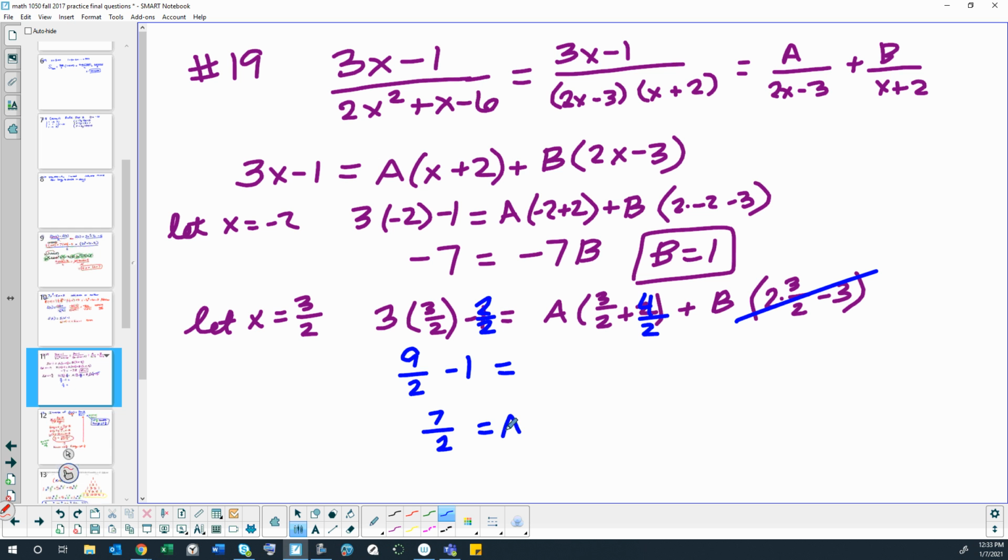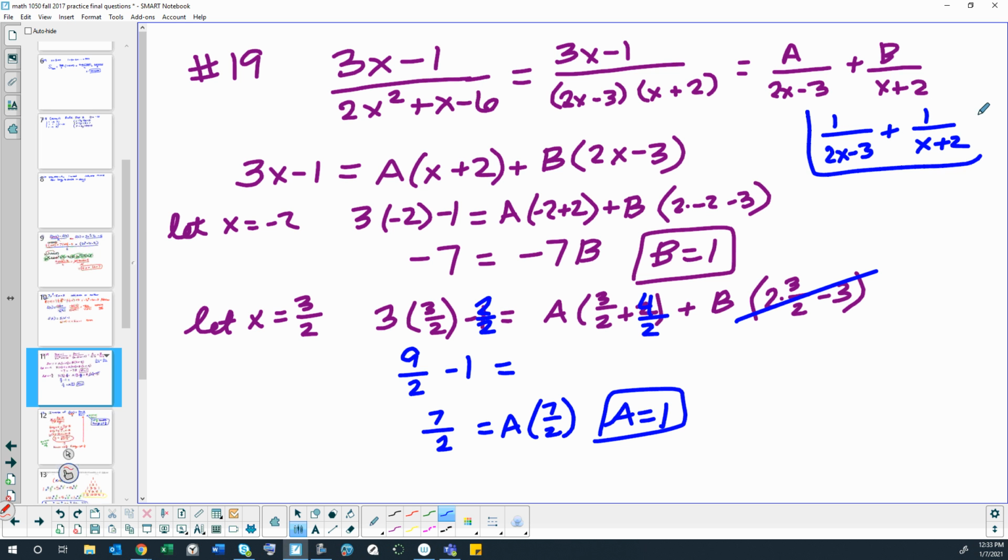It ends up not being terrible. Oh, so A also equals 1. So the answer is 1 over (2x minus 3) plus 1 over (x plus 2). Okay, that's all well and good. That wasn't a hard problem.